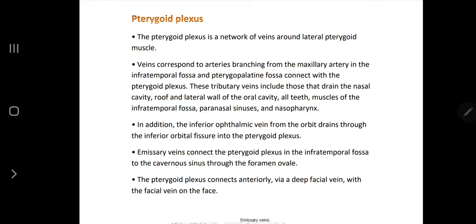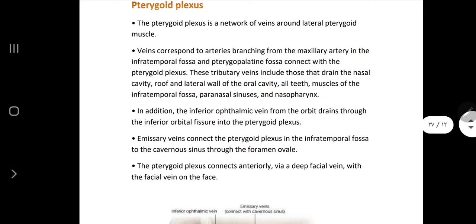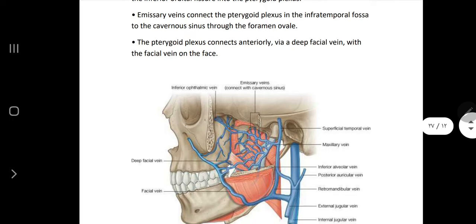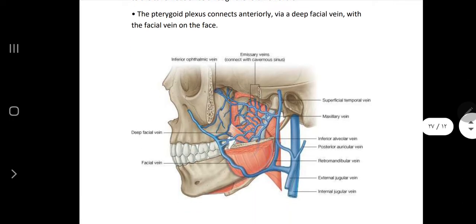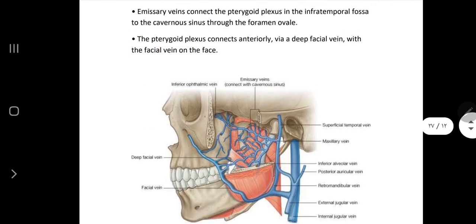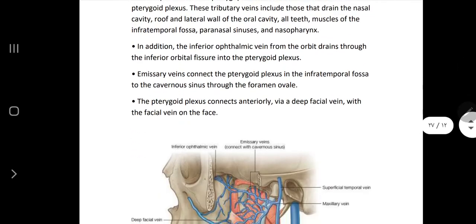Emissary veins connect the pterygoid plexus in the infratemporal fossa to the cavernous sinus through foramen ovale. The pterygoid plexus connects anteriorly via the deep facial vein with the facial vein on the face. هاي الـ pterygoid plexus.